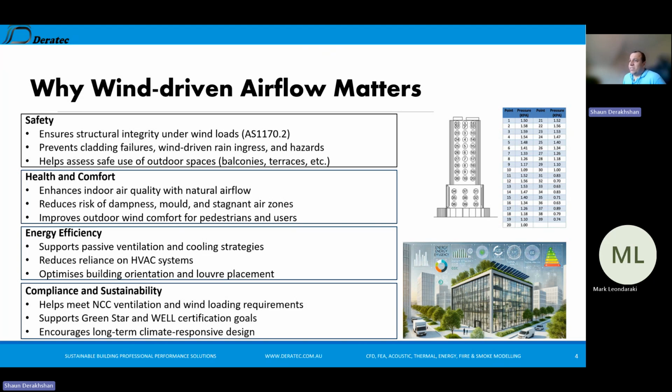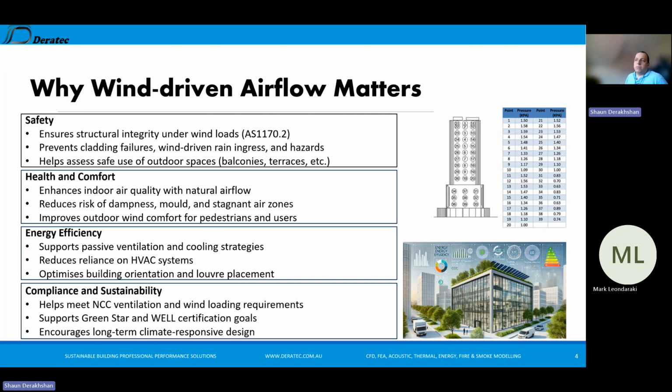AS 1170.2 is pretty much for standard buildings, cubic shapes, so this is the reason wind tunnel tests or CFD can help.